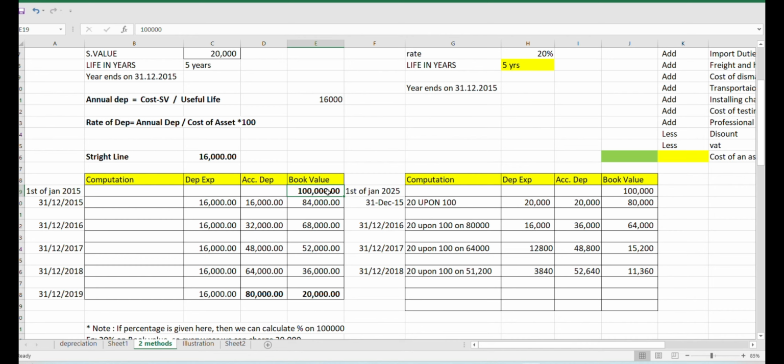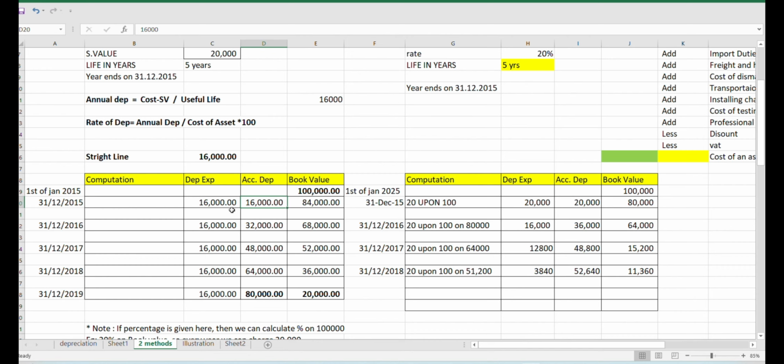How much is the depreciation? You have already calculated depreciation over here. 16,000 is the depreciation. So take the 16,000 depreciation and pass a journal entry for 16,000. The journal entry will affect two accounts: the depreciation account and the accumulated depreciation account.